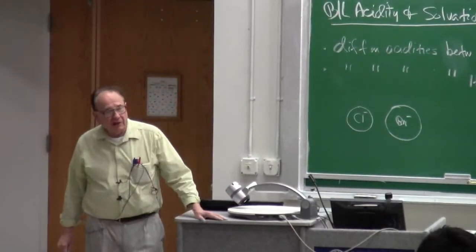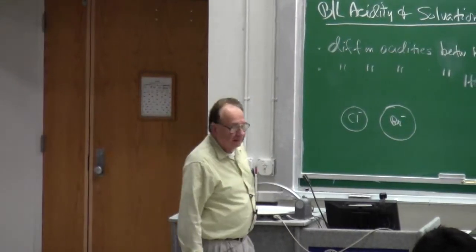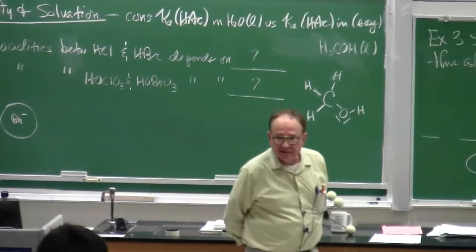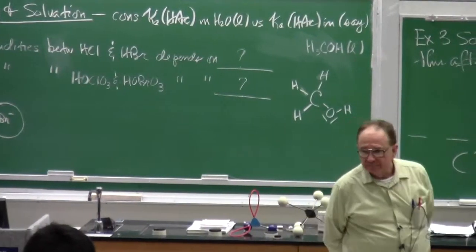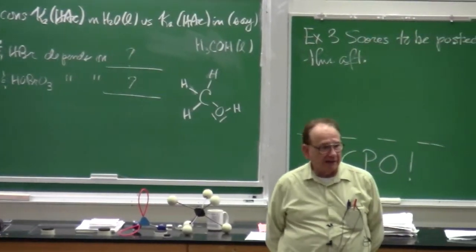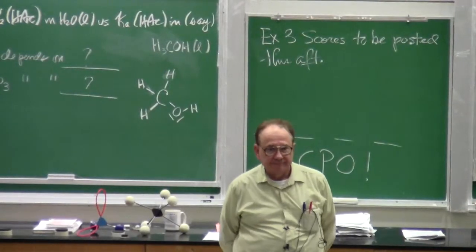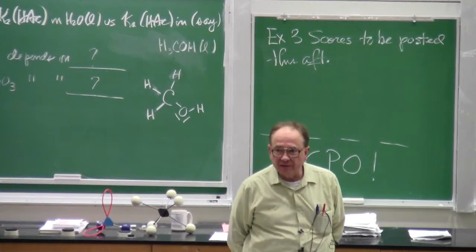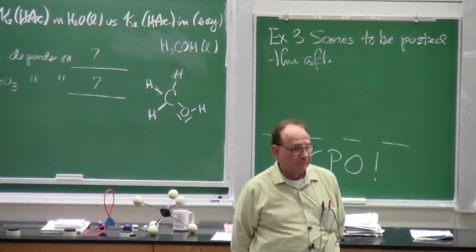The answer to the question lies in realizing what you get when acetic acid does its acid thing. In water, we get hydronium ion and acetate ion, aq. However, in methanol solvent, what do we get?